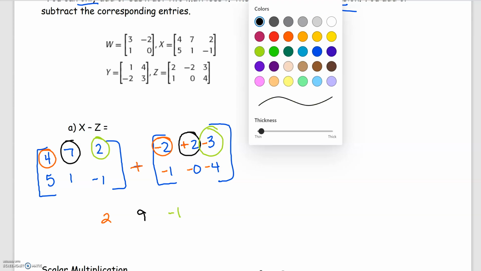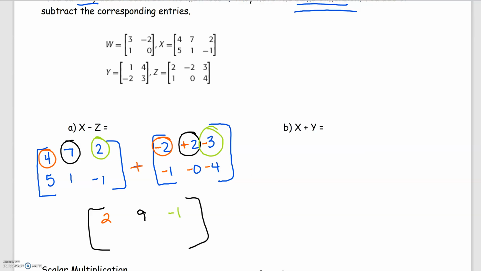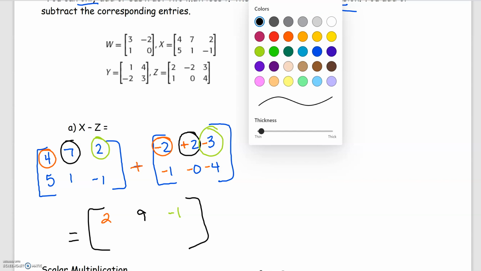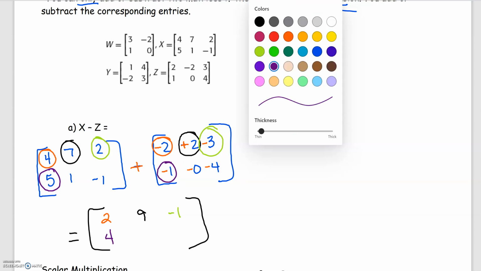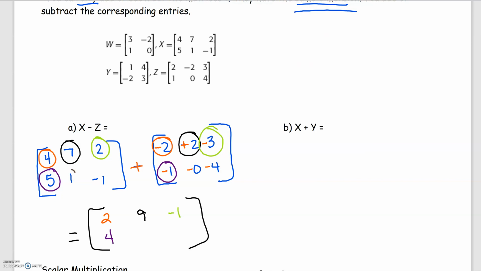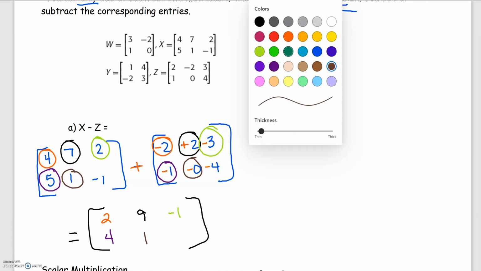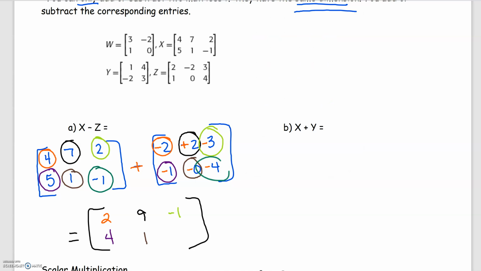And then do the same thing for that bottom row. 5 and -1, 4. 1 and 0 is 1. And last, -1, -4, -5. And there we go.